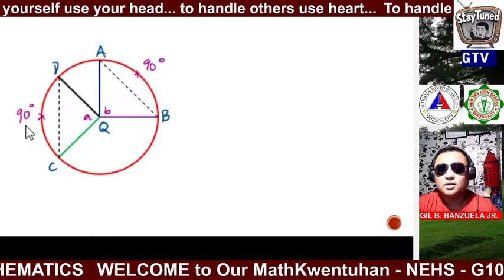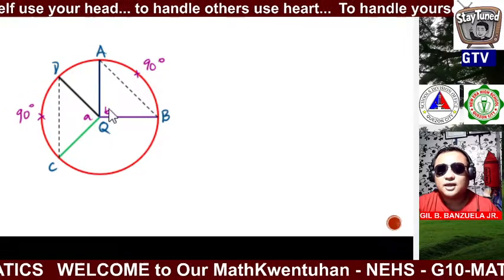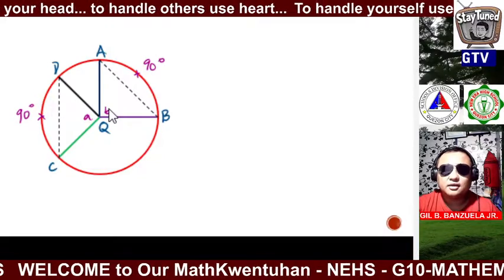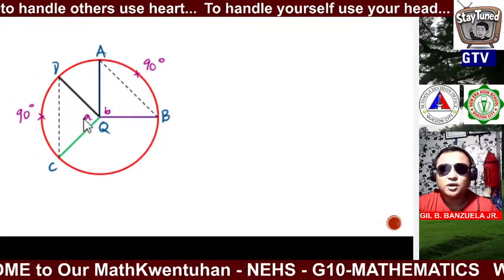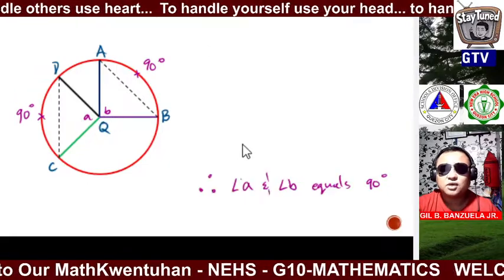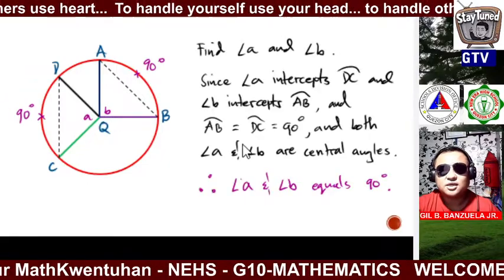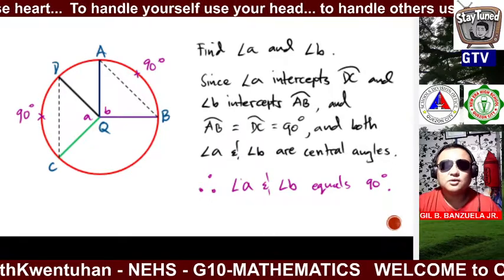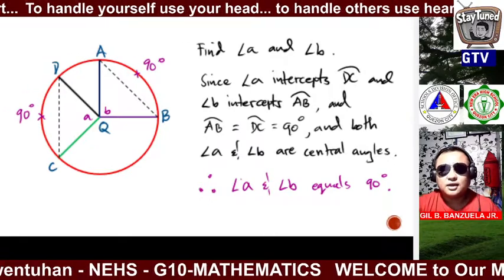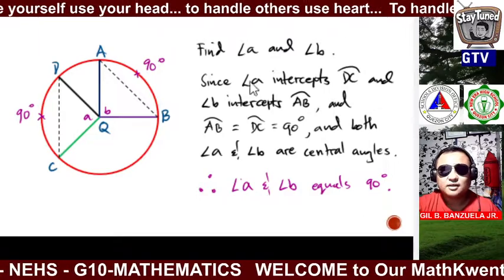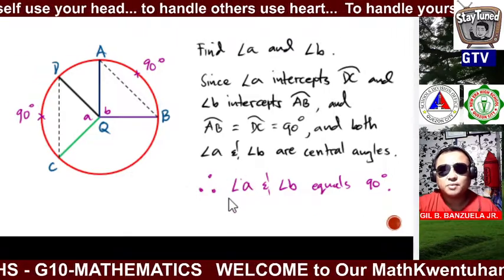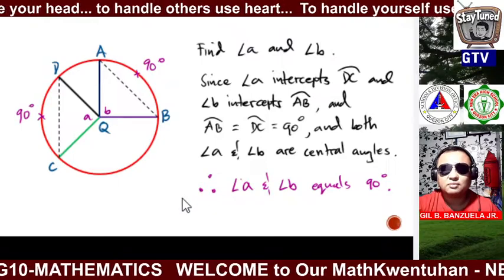So, therefore, since angle A and angle B are central angles which intercept both arc AB and CD, angle A and B is equal to 90 degrees as well. So, yun yung mga information na nakuha natin sa theorems natin kanina, guys. Napaka-importante na huwag natin kakalimutan.